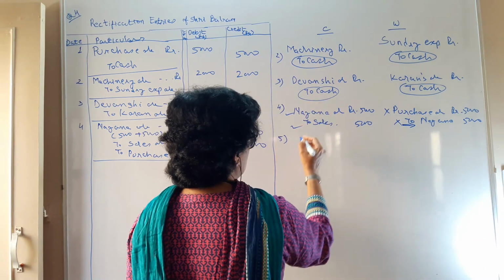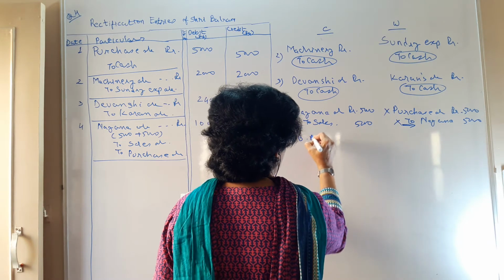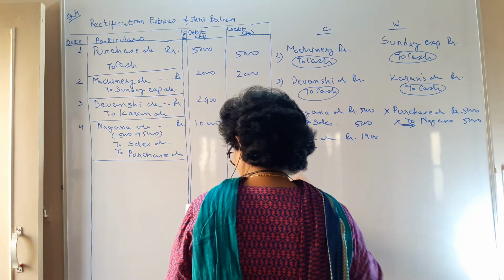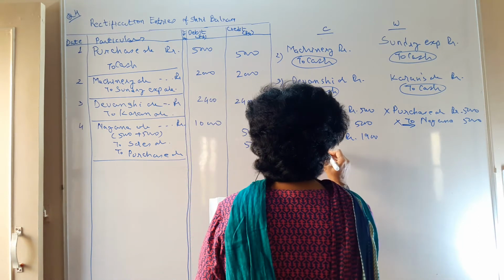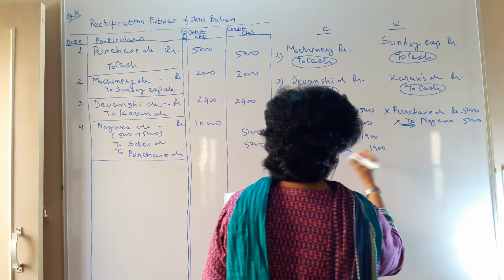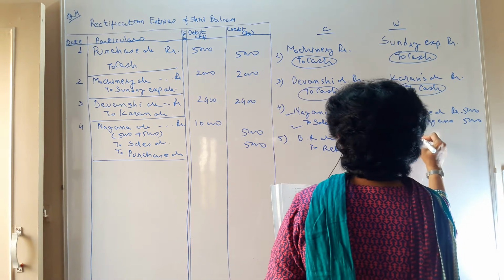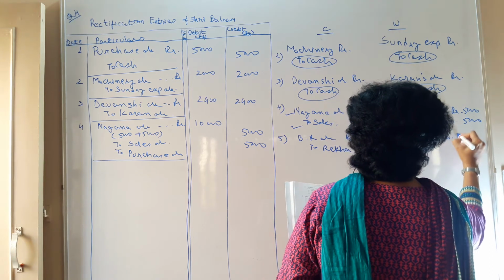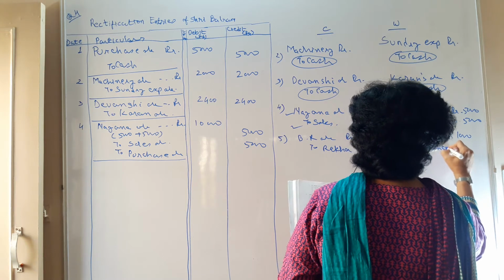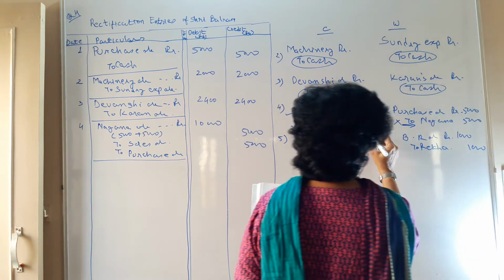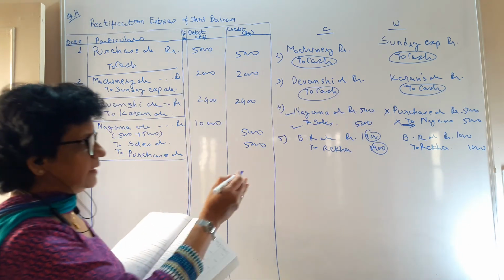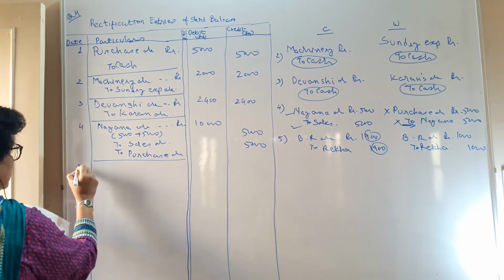So your correct journal entry is bills receivable account debit 1900 to the bill accepted by Rekha, 1900. What have you done wrong? You have written bills receivable account debit 1000 to Rekha. So here how much is less you have recorded? 900.